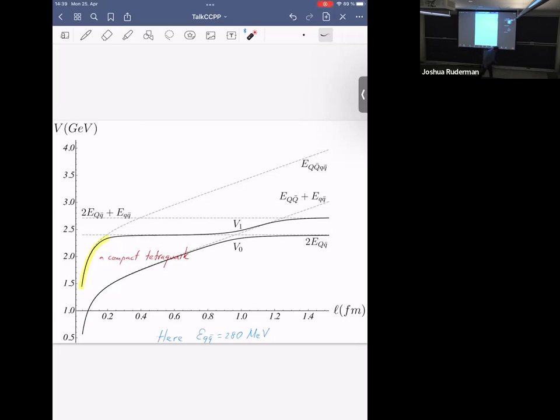And now let me just take this as another parameter of the model, and then the picture changes. You see what changes: now string reconnection happens at distances a bit smaller than 1 Fermi, with the pion mass as on the lattice.